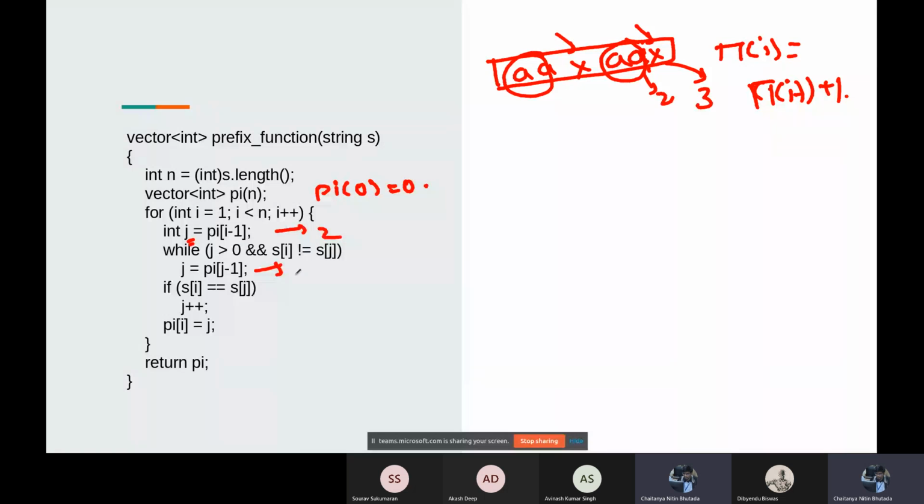So we go on till we find s of I equal to s of j. So now if s of I equal to s of j, we put the new value pi I is equal to j, and then go on repeating this block.